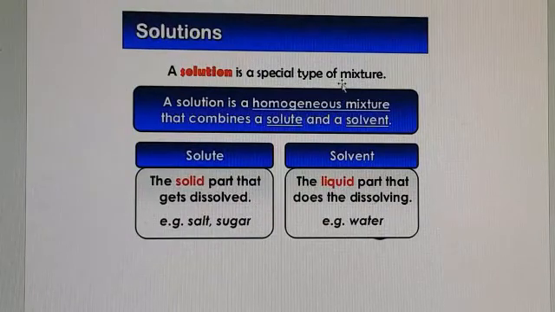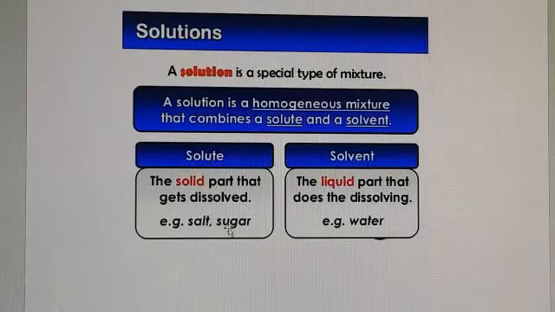A solution is a special type of mixture, as I said, a homogeneous mixture that combines a solute and a solvent, which means to make a solution, we need a solute as well as a solvent. Here, what is meant by solute? It's the solid part that gets dissolved.